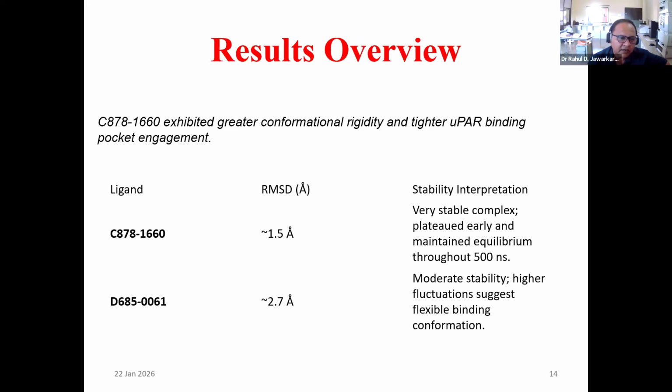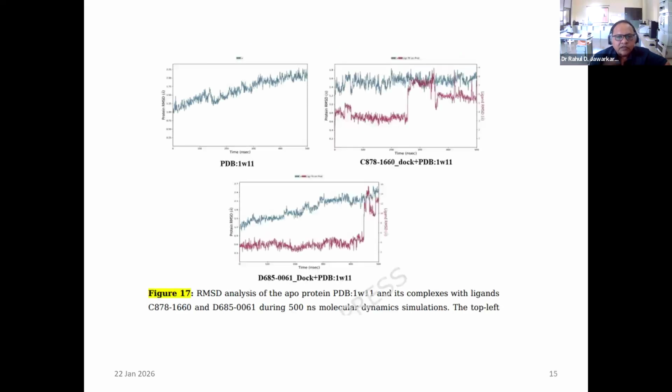Then for another ligand, that is D6850061, we have achieved an RMSD of 2.7 angstrom, which indicates moderate stability, with a higher fluctuation that suggests a flexible binding conformation. These are the graphs which I have obtained and which are available in the published manuscript for the RMSD.